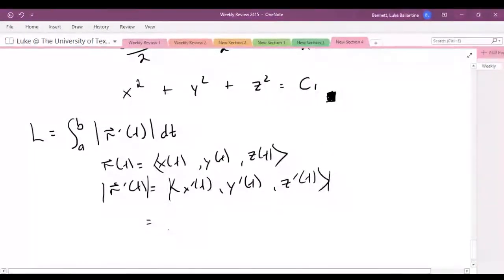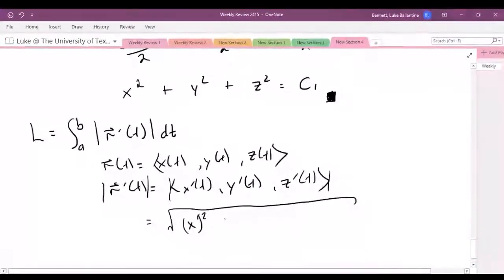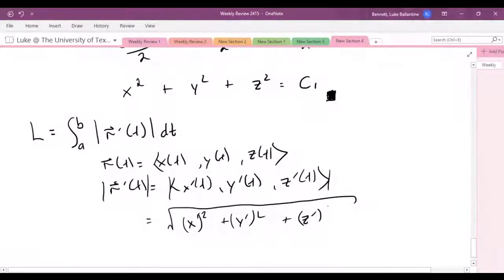Well, that's just the square root of each component squared. And so we just integrate that with respect to t, and that'll give us the arc length of a curve.